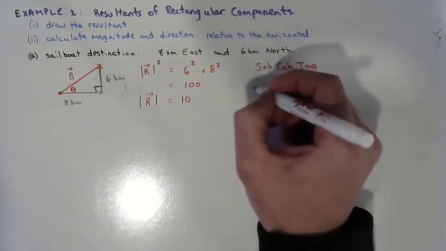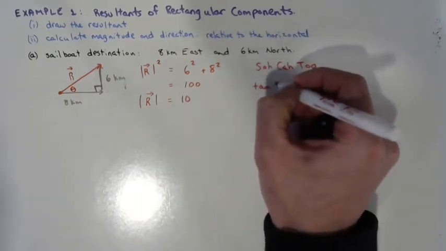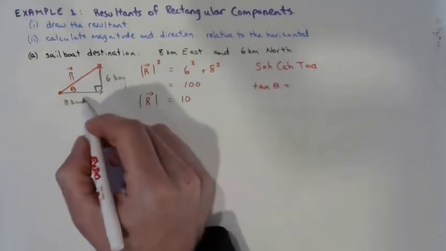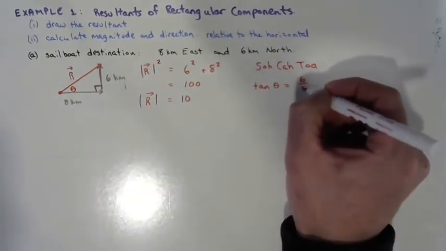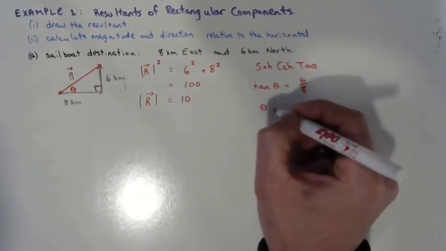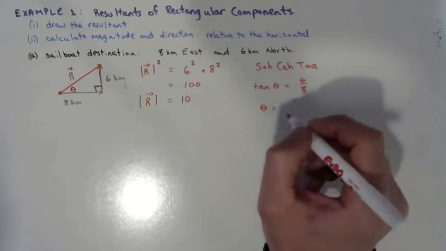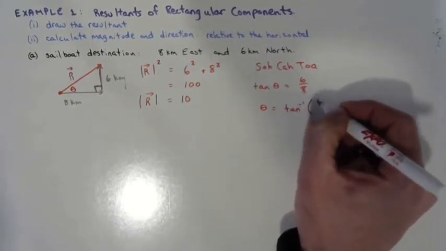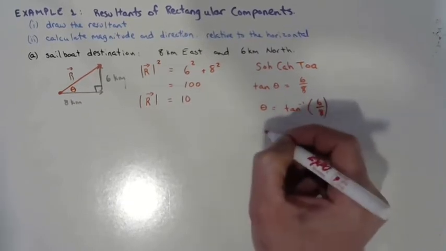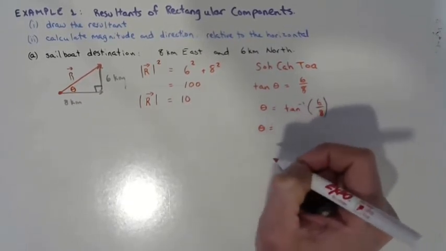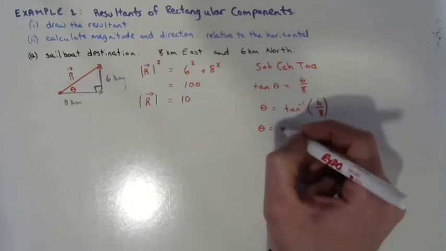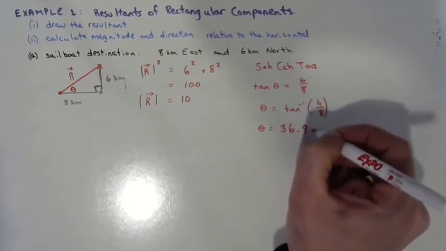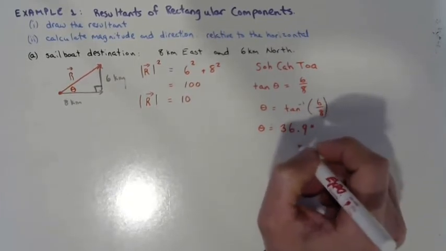So tan of theta is equal to 6/8. So the measure of angle theta is the inverse tan of 6/8. Plug that into my calculator, and we'll get an answer of 36.9 degrees.